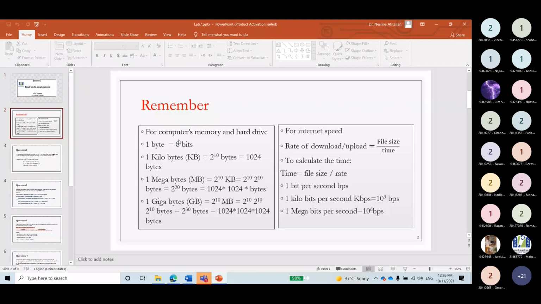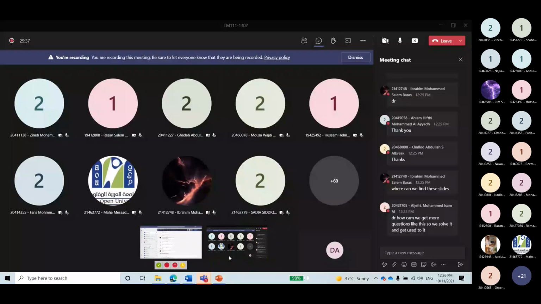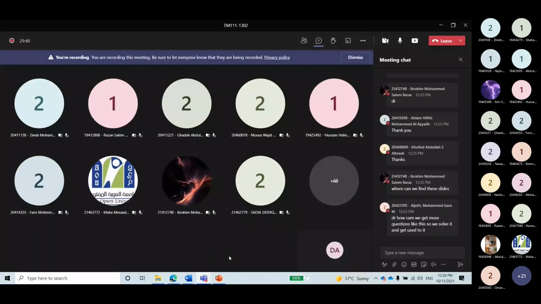When we talk about data stored in the computer, we talk about bits, 0s and 1s, so we are in the binary system. But when we talk about rates, it is the decimal system, so we will use 10 power 3, 6, 9, etc.